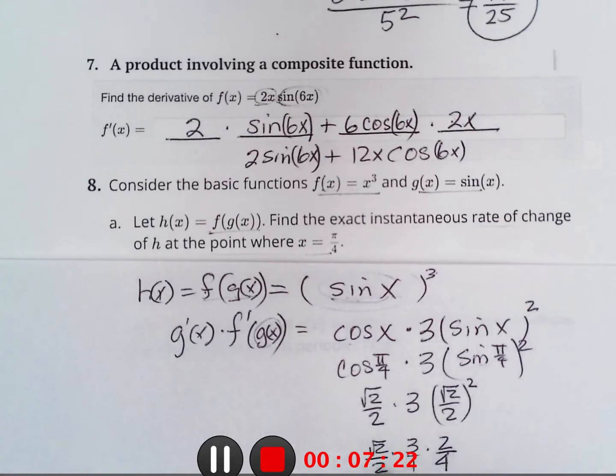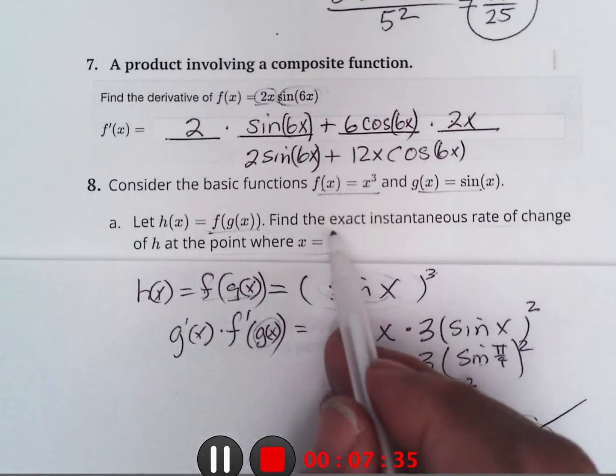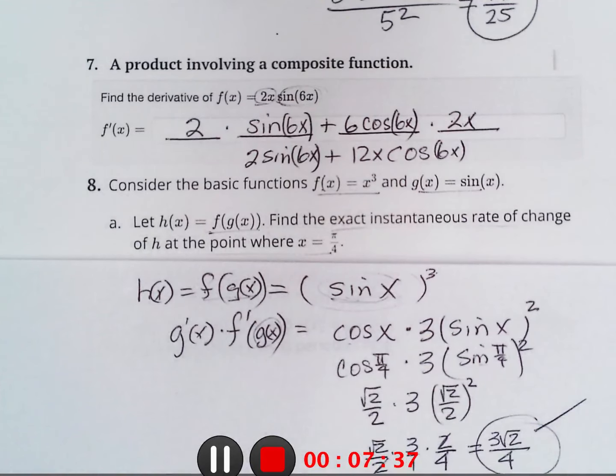These two cancel, and we get square root of 2 times 3 over 4. And that's the exact. Okay. B.